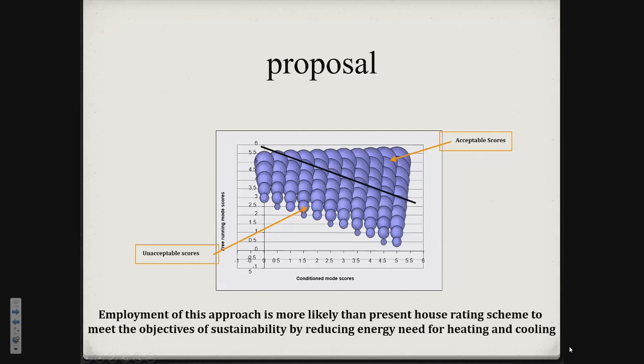But the aggregation: if a building gets 5 star from the conditioned mode and the free running gets 3 star, it doesn't mean it gets 8 star. No, based on the algorithm that I defined, if someone is interested, they can go through my books, where more detail has been explained. It depends on the climate. With 5 star from conditioned and 3 star from free running, the building might get 6 star, depending on the climate, or it might get 2 star.